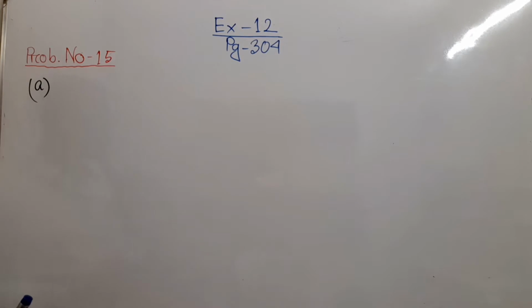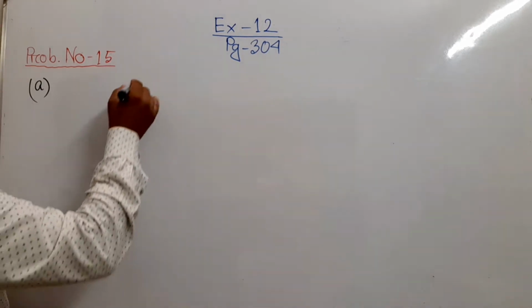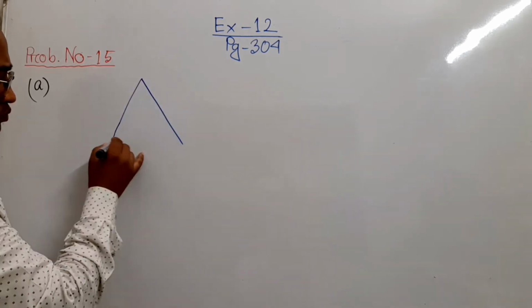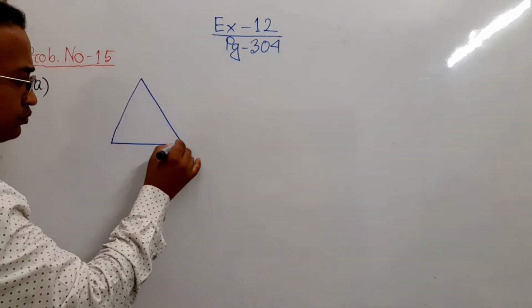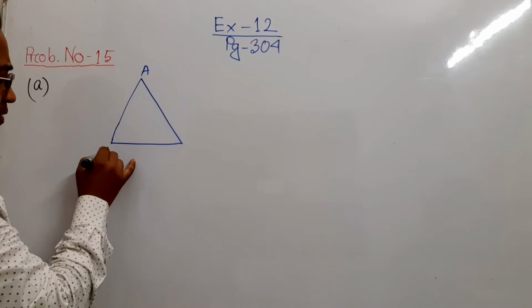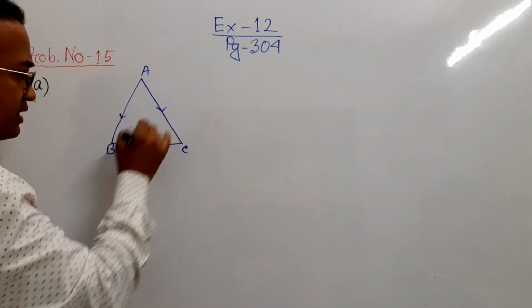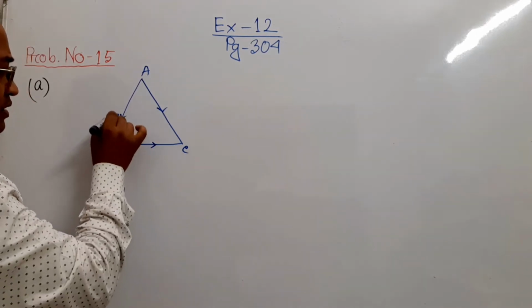Plus, question number A. It is given a triangle ABC. So this is triangle ABC, with sides AB, AC, and BC.